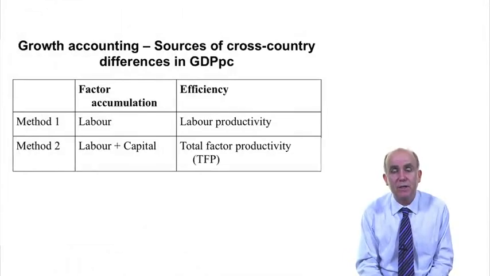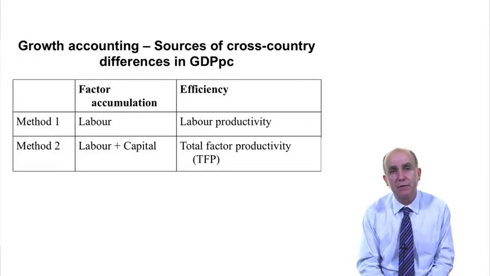There are two ways in which we can usually think of applying growth accounting, that is, dividing up differences in GDP per capita between factor accumulation and efficiency. One of them is to focus just on labour as the measure of inputs or factor accumulation that we're going to think of as being a source of difference in inputs between countries.